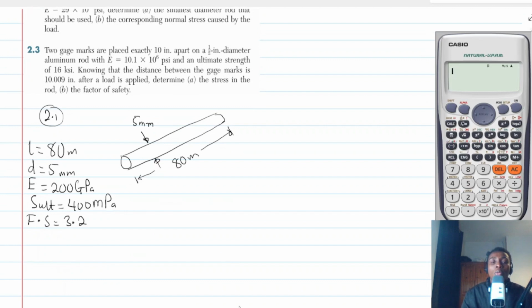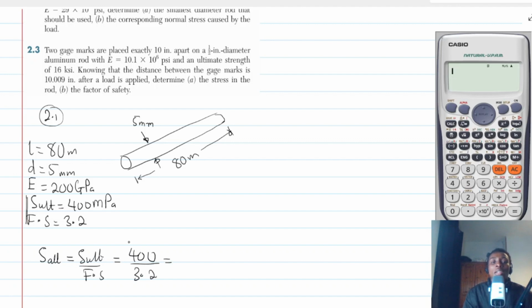All right, so since we have the ultimate tensile strength, the allowable strength S allowable will be the ultimate divided by the factor of safety. So it's going to be 400 divided by 3.2.